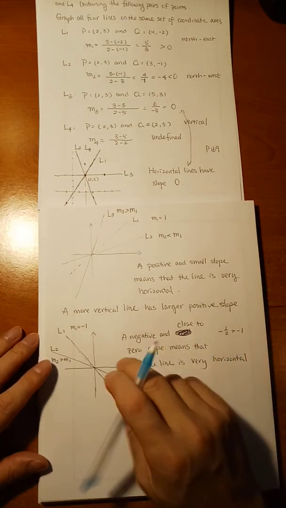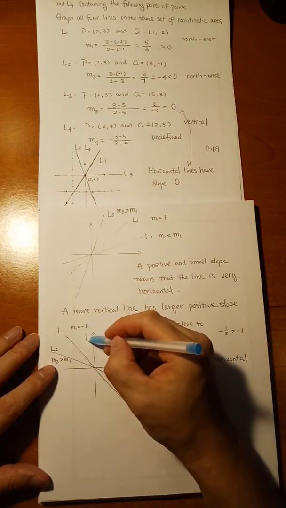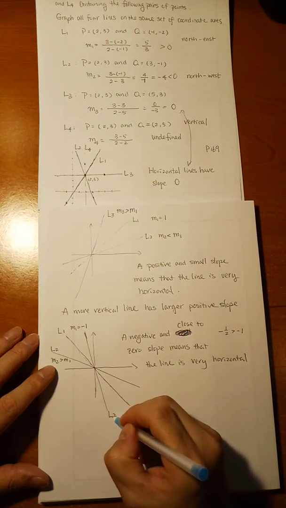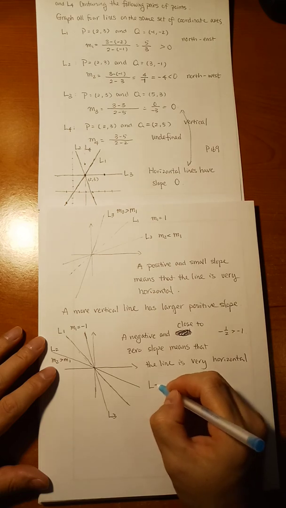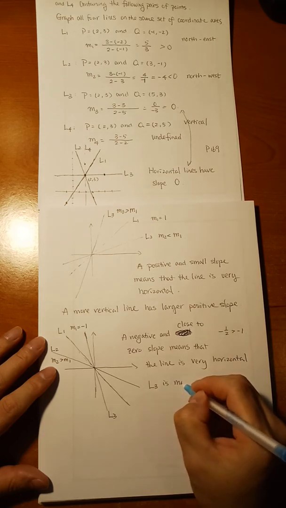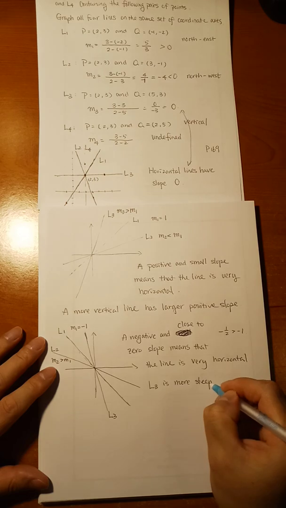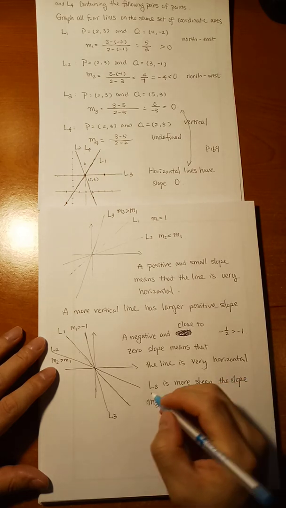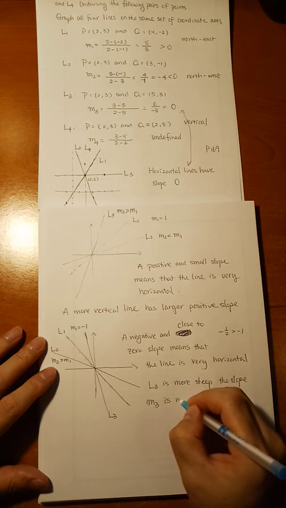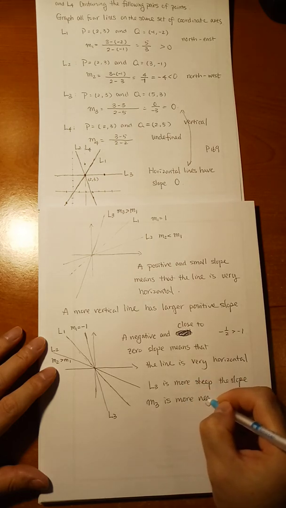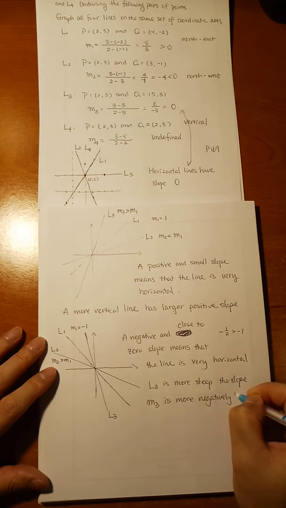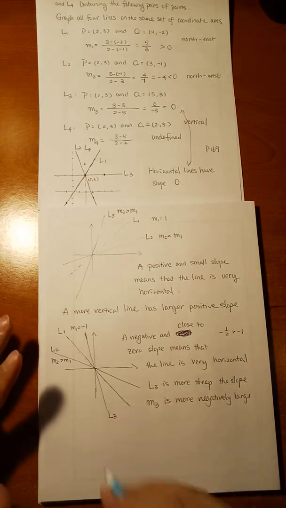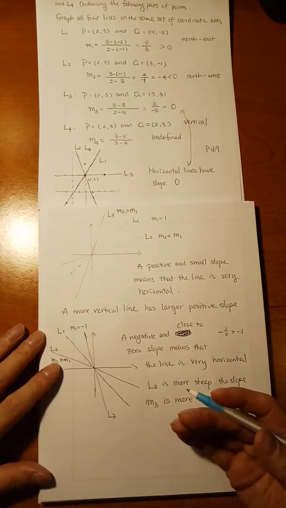Okay, and if it's more steep, like this, this is L3. The line L3 is more steep. The slope M3 is more negatively large. What I mean by negatively large is, for example, -10, -20, -30, -40.